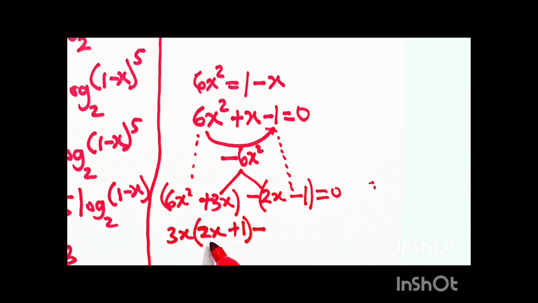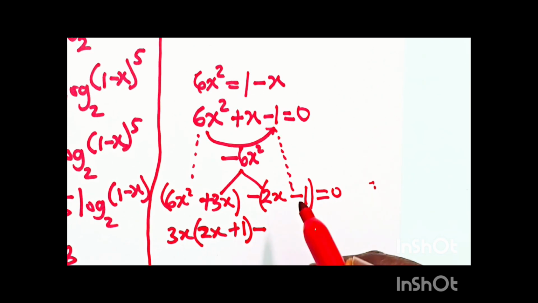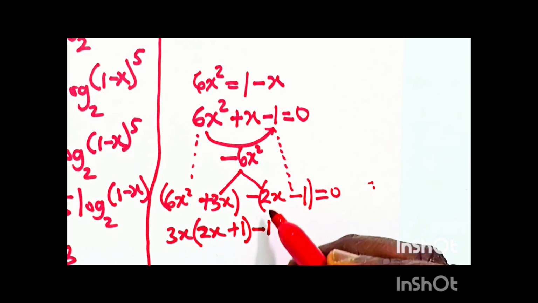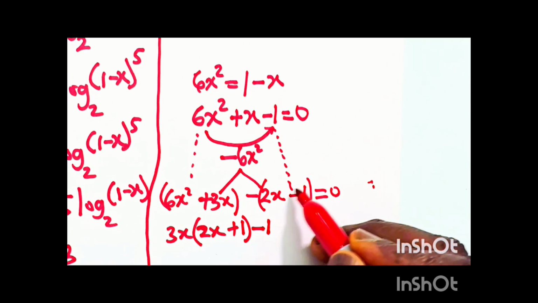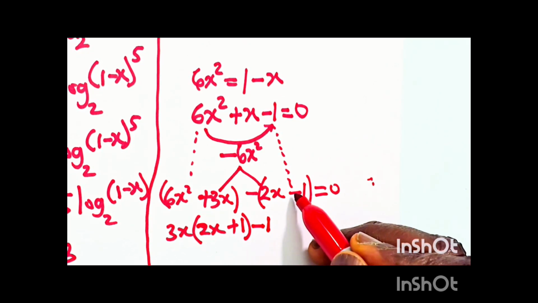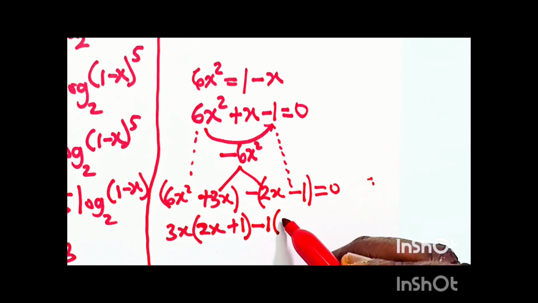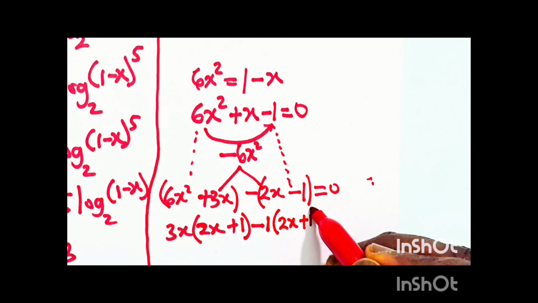Now you must ensure that the one in the bracket here must be the same as the bracket you're going to open here. Something should tell you that I need something that will make this become plus. So if you have this minus here, this should just be minus 1, because you already have the two factors the same. So just put minus 1 to turn this minus into plus. So just minus 1 into bracket 2x plus 1.